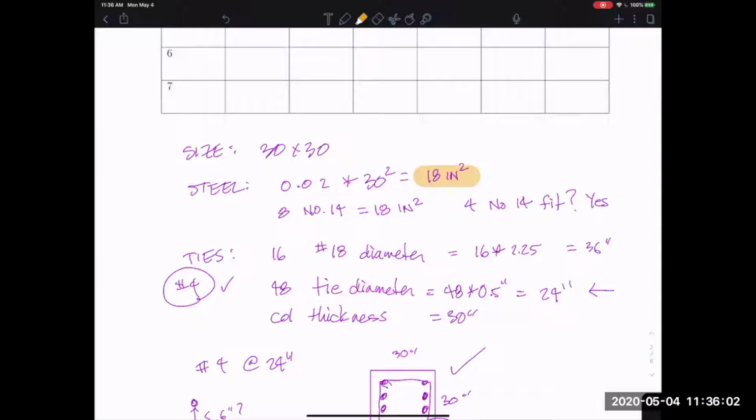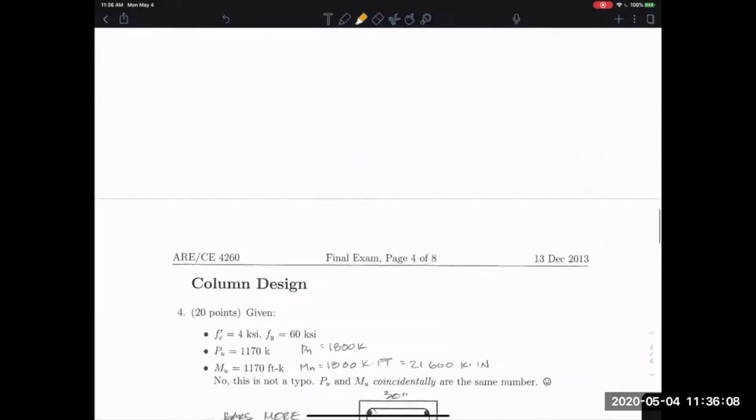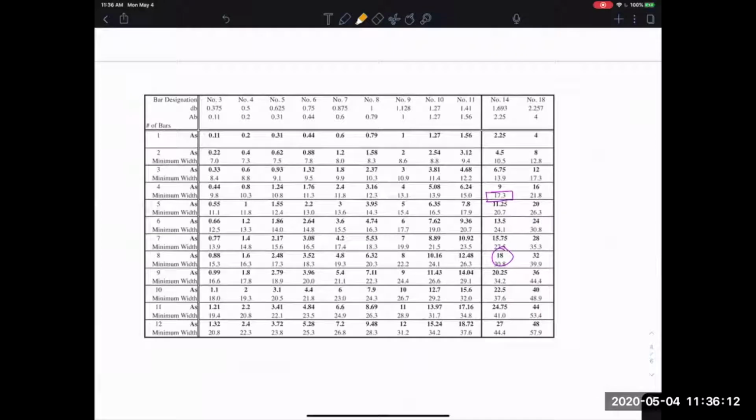And then I mused, I wonder if you could find 18 square inches on the chart. And you know what's funny? If I had just scrolled down here, I included the chart in your homework. So we see that you get 18 square inches for 8 number 14s. And the question is, will half of that, 4 number 14s, fit in a 30-inch column?